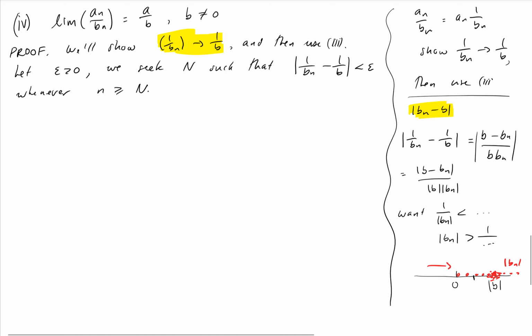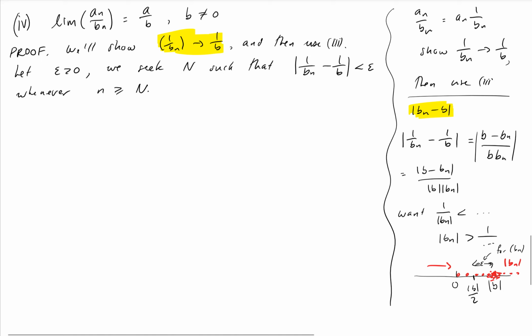We could make this value, a nice sort of symmetrical looking choice, the absolute value of b over 2. And then this thing here would be the epsilon for bn that we can apply to get the n.